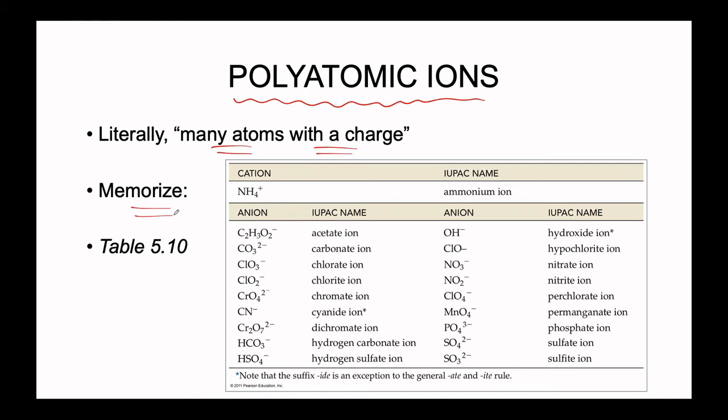The reason why you're going to have to know these polyatomic ions is because, especially the ones present on this table, this is not an exhaustive list, but the ones that are on this table are the most common, and we will see them all the time. In fact, we've already been working with compounds that contain these ions in lab, in other examples.